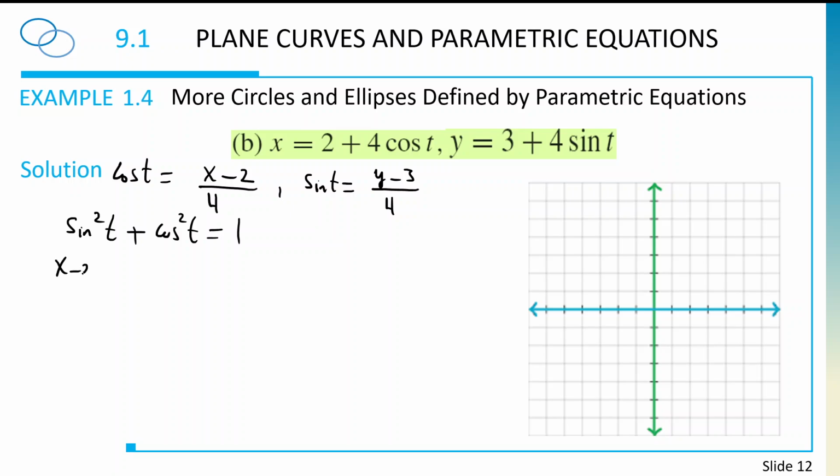This is x minus 2 squared divided by 16 plus y minus 3 squared over 16 equals 1. Even though sine is y, we usually write the x first. It's addition, so you can switch them, it's fine.